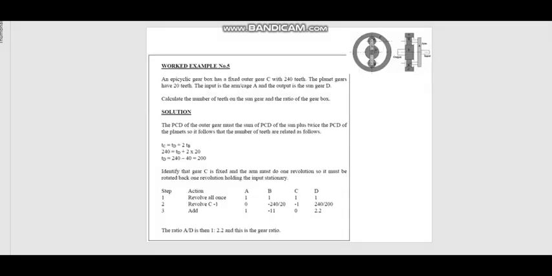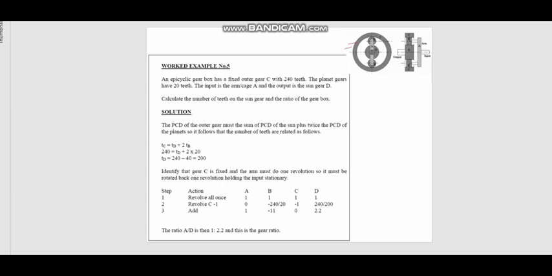So let's look at an example of the case that we discussed just now, case one, where the sun gear A is the output, the arm will be the input, and C will be fixed. An epicyclic gearbox has a fixed outer gear C, so C is fixed, right?